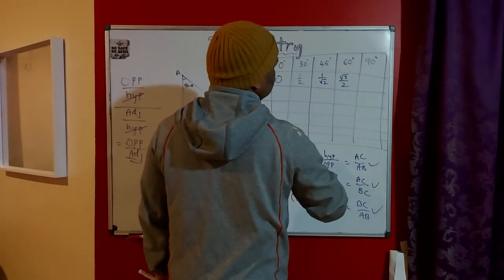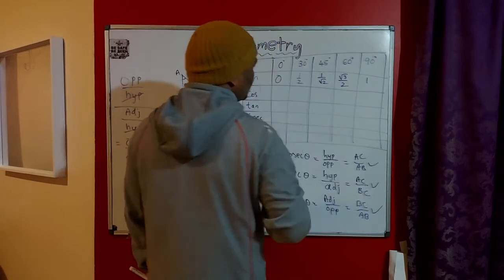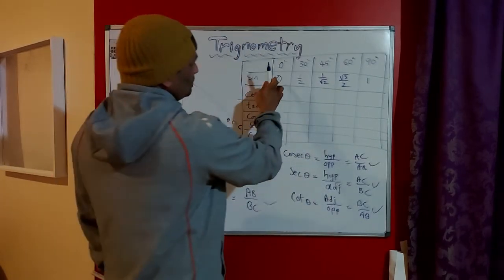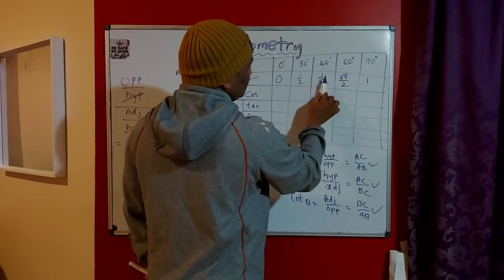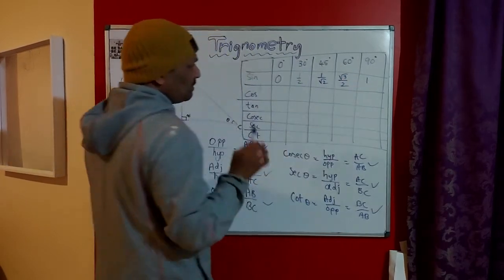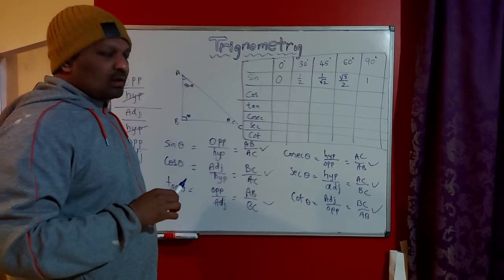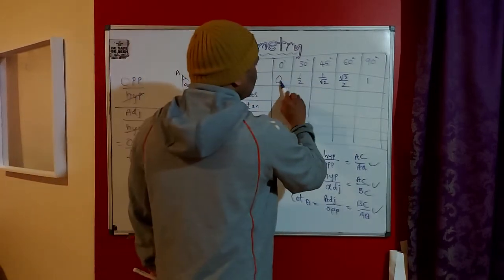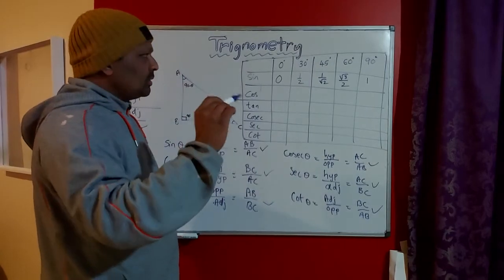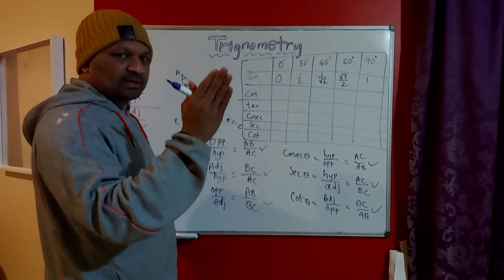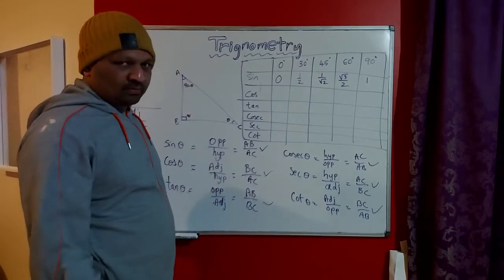Sine 90 degrees is 1. Notice this value, sine 0 is 0, sine 90 degrees is 1. These values, if you simplify using your calculator, lie between 0 and 1. It's continuously increasing, and the maximum it reaches is 1.